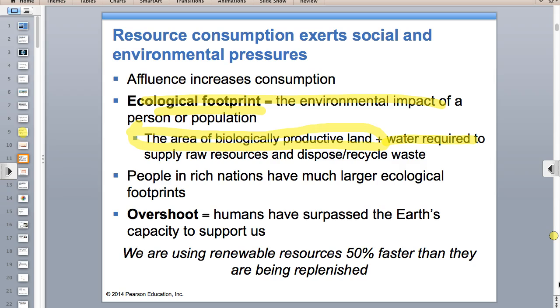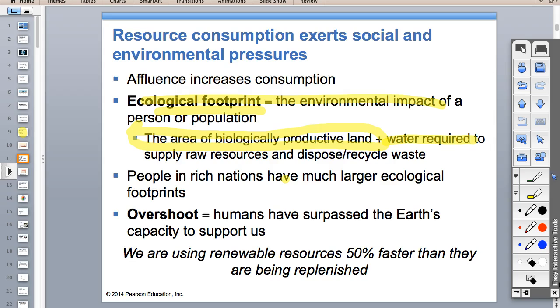You have to look at what land is providing your food, what land is providing your energy. Rich people in rich countries tend to have larger ecological footprints. If everybody lived like us, we saw that we would need 4 Earths or 5 Earths. And we only have 1 Earth, so that's a problem.